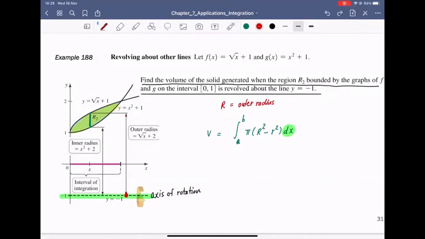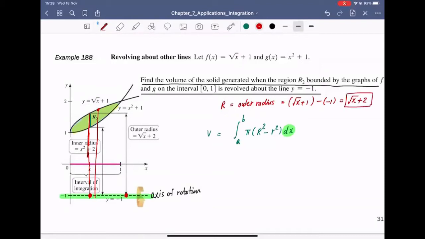It's going to be here to that. The red vertical line that I just drew is the outer radius, which is going to be the outer curve, square root x plus 1, minus the bottom curve, which is y equal to -1. So the outer radius is going to be square root x plus 2.